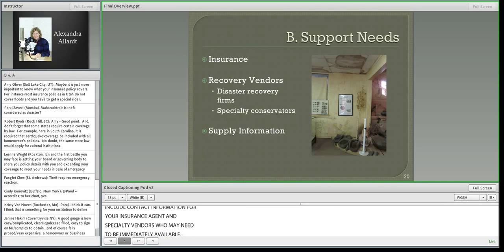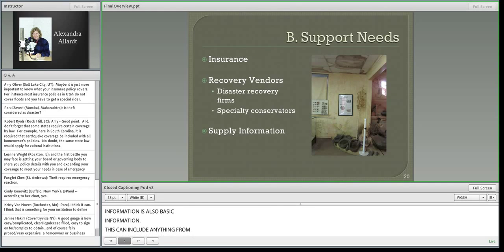This can include anything from personal protective equipment, such as hard hats and gloves and masks, to pop-up tents to establish an operations center, to generators, to the more mundane, such as plywood and plastic sheeting. You can learn about emergency supplies in the upcoming March webinars on a disaster response plan with Julie Page. So there's no need to think about making a list right now. Just know that it's one of those elements that's needed in a plan.